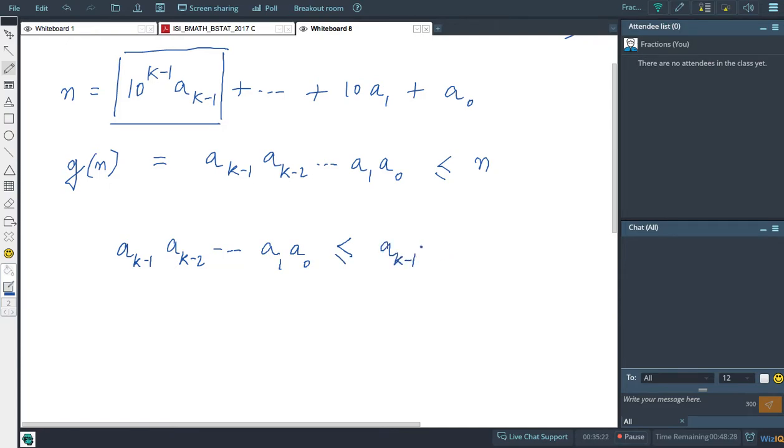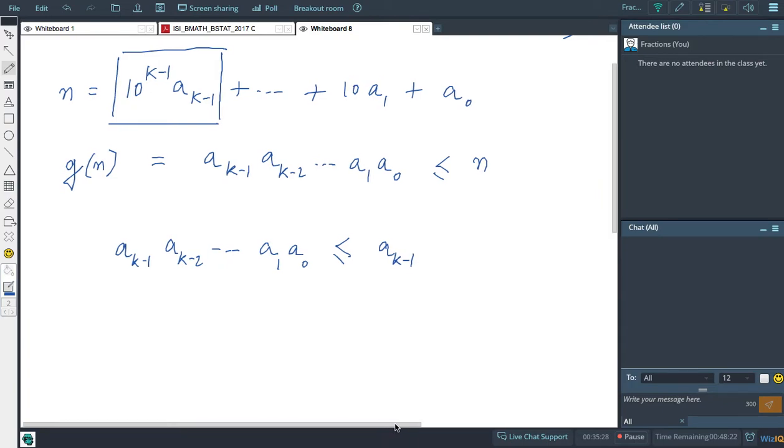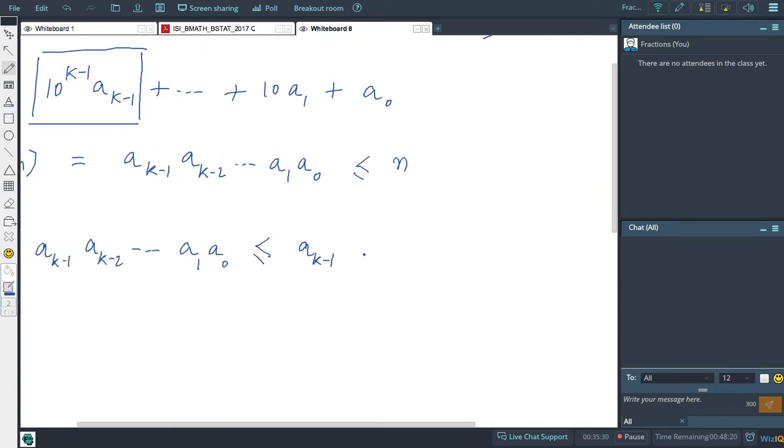Now I'll be replacing all the others by 10 because they are digits. So all the ai's are from 0 to 9, and so 10 times 10 dot dot dot 10, that is k minus 1 times.